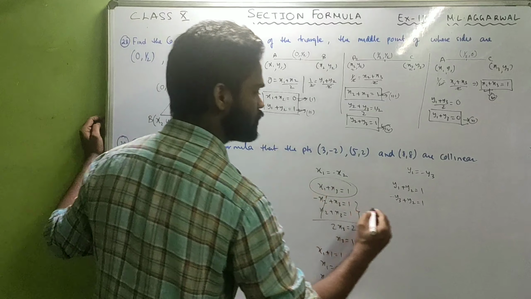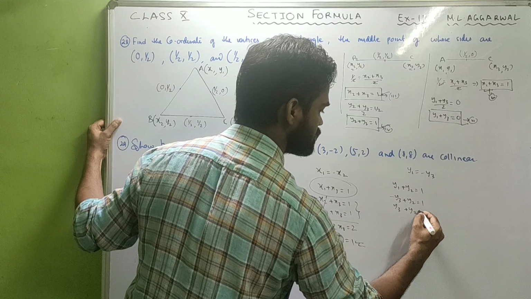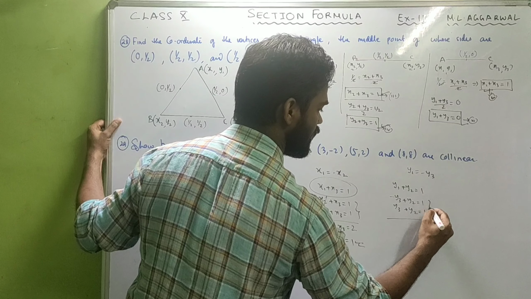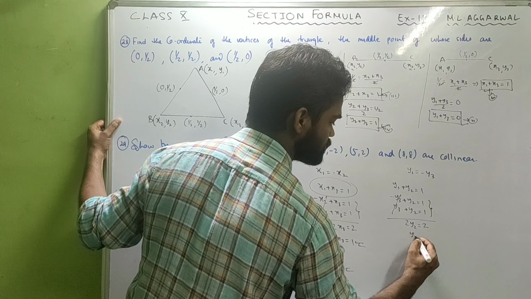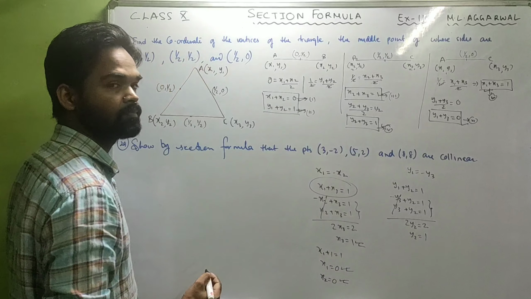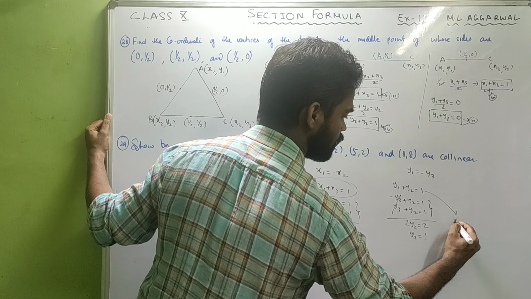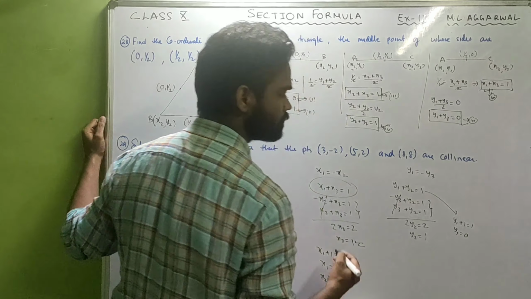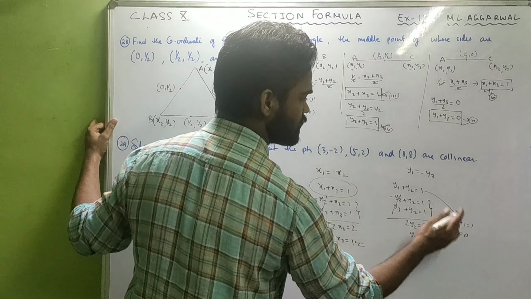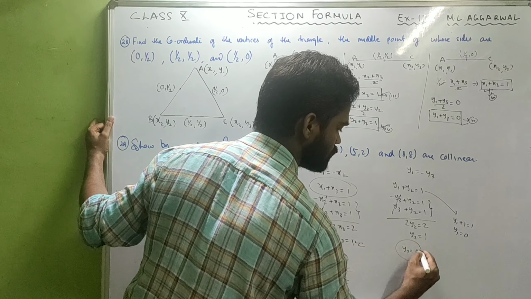And number 4 equation is y2 plus y3 is equal to 1. Just add these two. So twice of y2 equals to 2, which means y2 equals to 1. Once you get y2 equals to 1, put it over here. y1 plus 1 equals to 1, which means y1 equals to 0. Once you get y1 as 0, then y3 will be also 0.